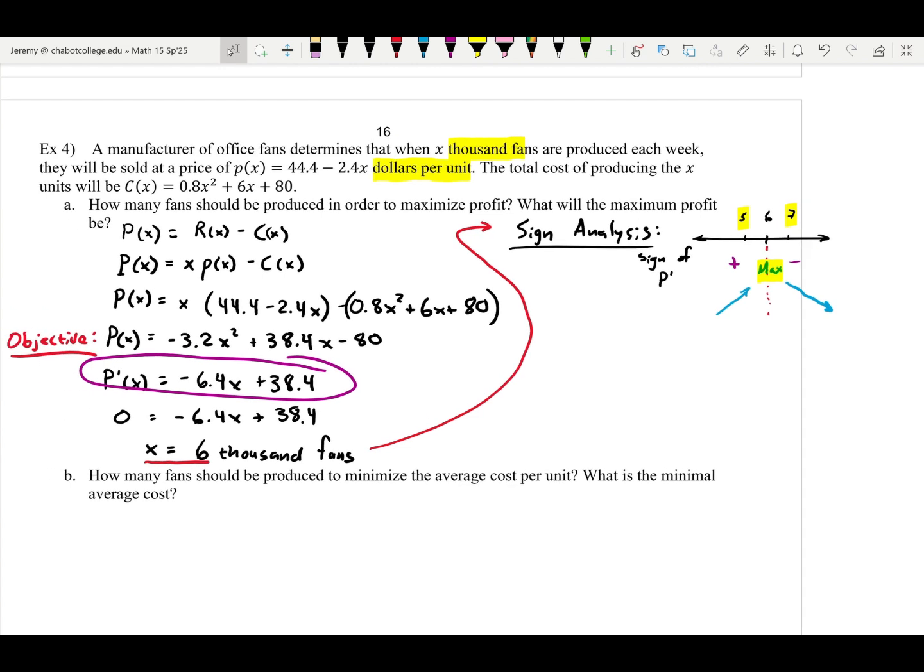So we've already answered the first part. How many fans should be produced in order to maximize the profit? 6,000. What will the maximum profit be? All we have to do is plug into our profit function.